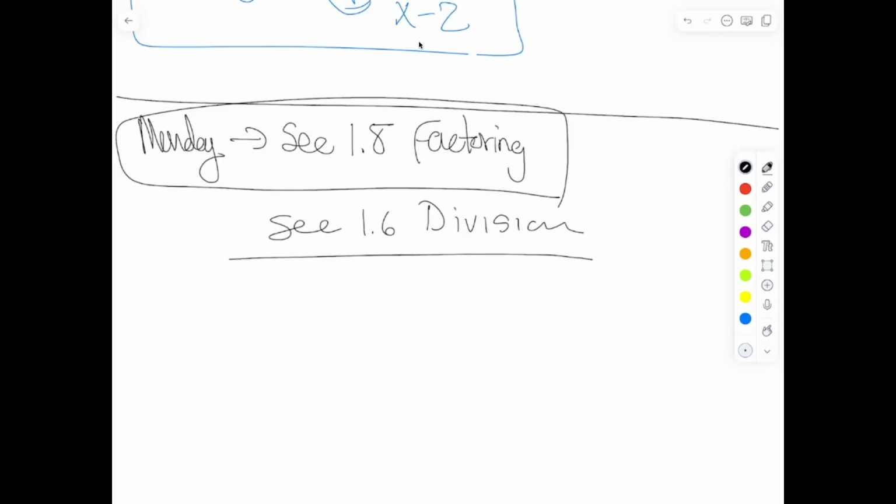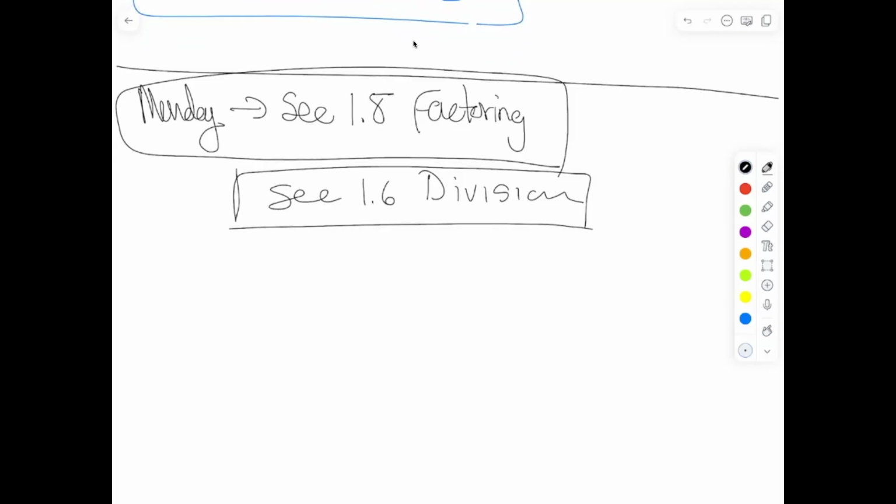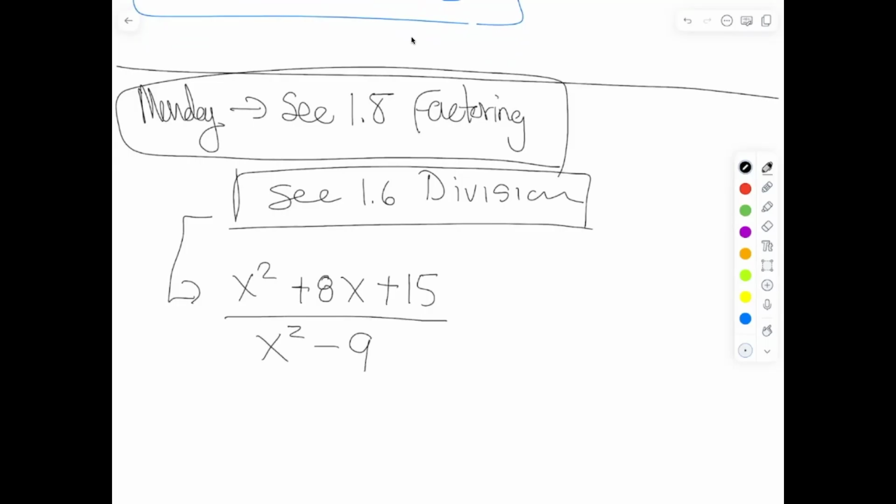So an example of the division that I am going to go over after factoring is a problem like this. But we're not going to do this tonight. We're going to do it on Monday. But I want you to learn how to do this problem over the weekend. We're going to go over it on Monday.